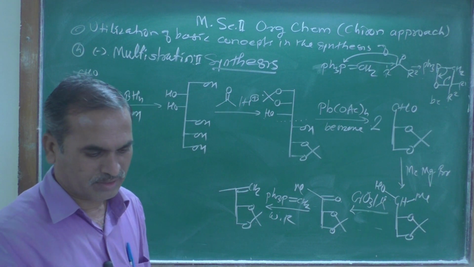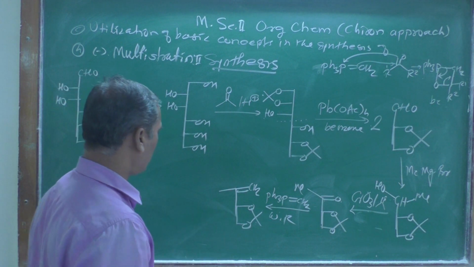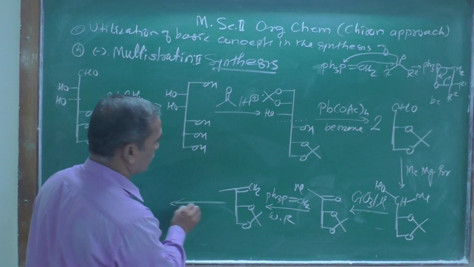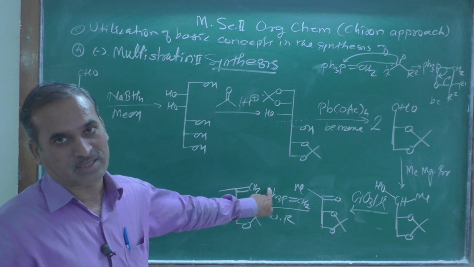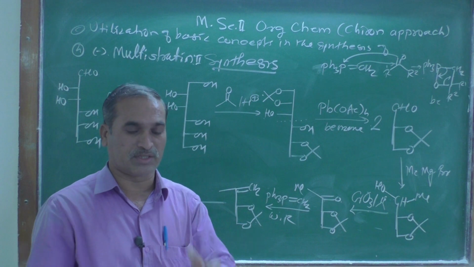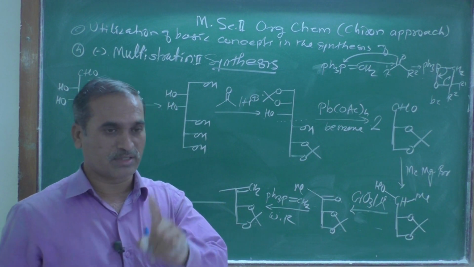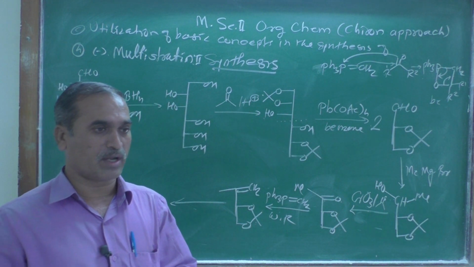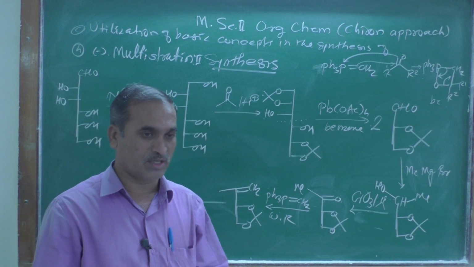And after that you convert this into an alcohol, but the alcohol should be on this side. What will be the suitable reagent? Do you remember the hydroboration oxidation reaction?